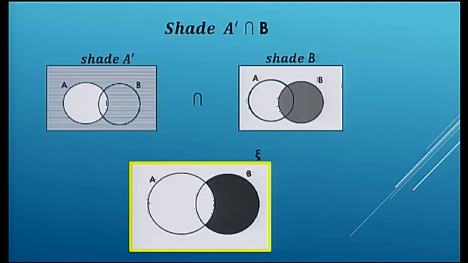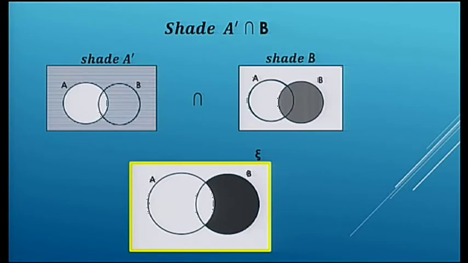The first one, you are asked to show the region that represents A dash intersection B. So first, you draw your Venn diagram, you shade A dash. Then you shade B, because you want to find the region representing A dash intersection B. Now look at the first two Venn diagrams.